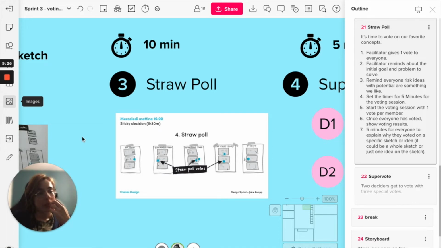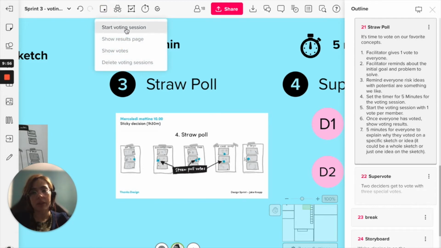Again, one vote per team member. The facilitator gets to start a voting session for 5 minutes, and everyone has one vote. For doing that, the facilitator needs to go and start a voting session. You have the icon here with the little dot on the side that starts a voting session.